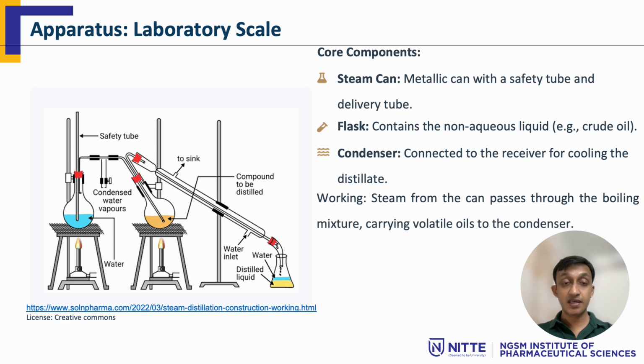At this stage, because the components are immiscible, the aqueous phase and the organic phase often form separate layers. This makes separation easier. So, overall, the laboratory setup demonstrates a simple but powerful principle, and we are using steam as a carrier for volatile components, enabling distillation at reduced temperatures.